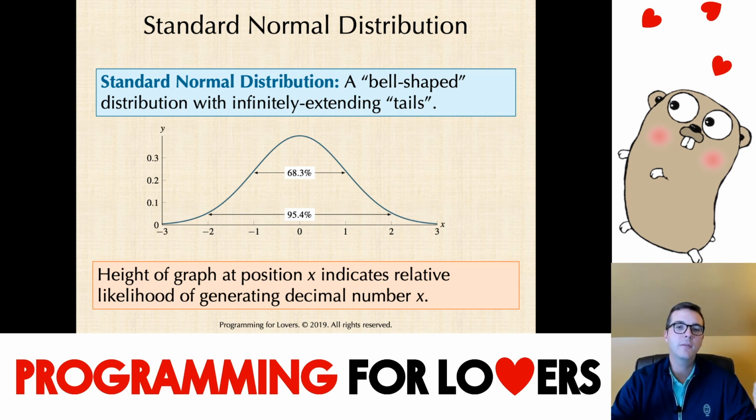The probability of generating something well out there is going to be lower and lower the farther out that we go. And so here the height at position x indicates the relative likelihood that we will generate a decimal number x.